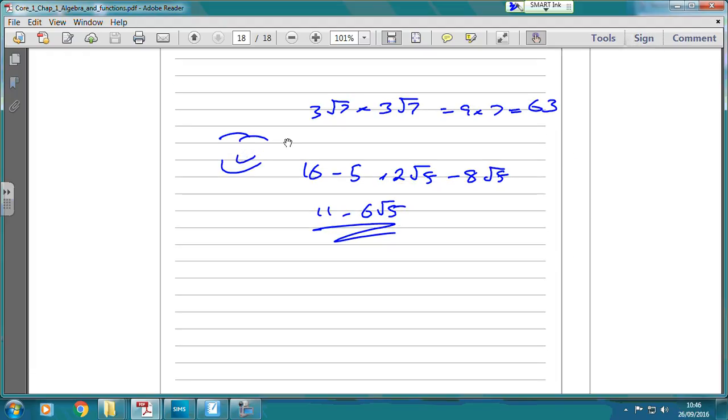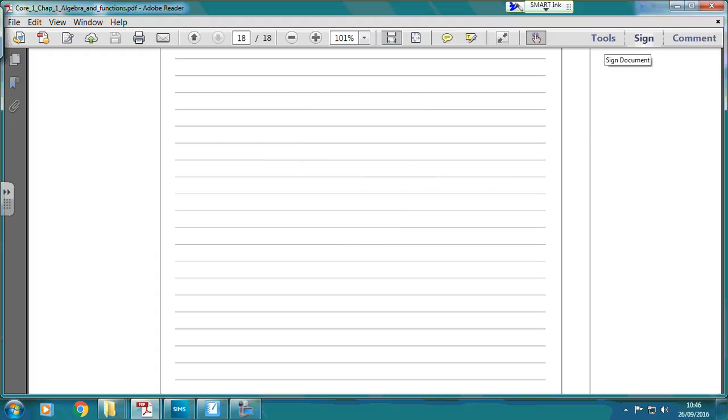Now the next question I gave you guys was the simultaneous equations question. Again, this was done relatively well, but there were some rooms for improvement. So the question was y minus 2x minus 4 equals 0, and 4x squared plus y squared plus 20x equals 0.